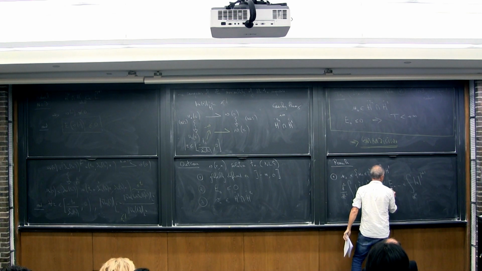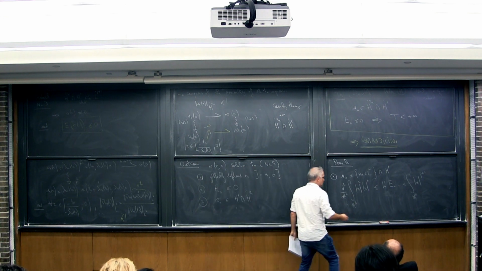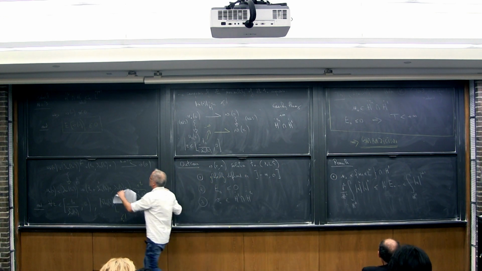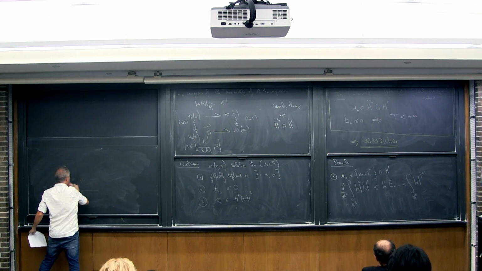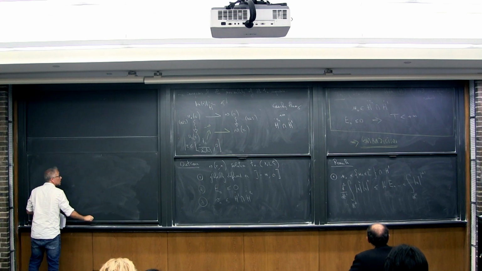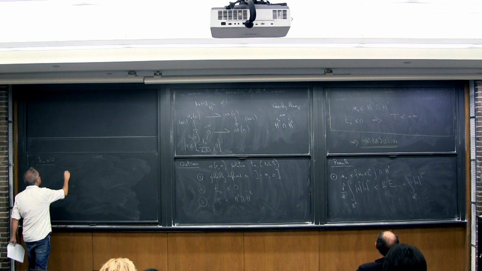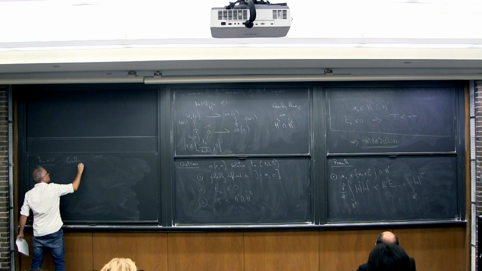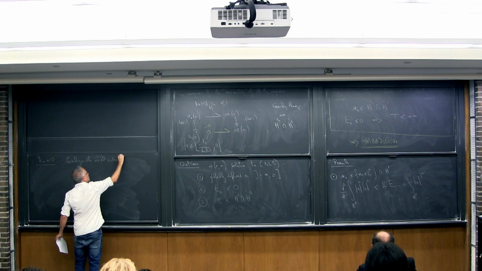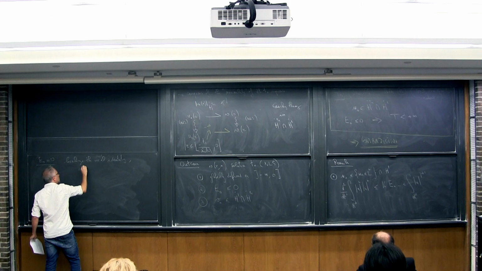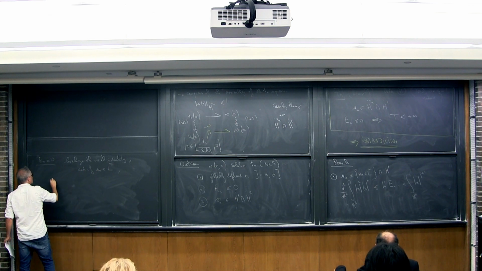So if you have zero energy, it's an exercise. You know what you're going to do, and this is exactly how the analysis is going to start. If the energy is zero, then of course you can localize the virial identity. And if u0 is in L2, you can easily see that this is just Sobolev.